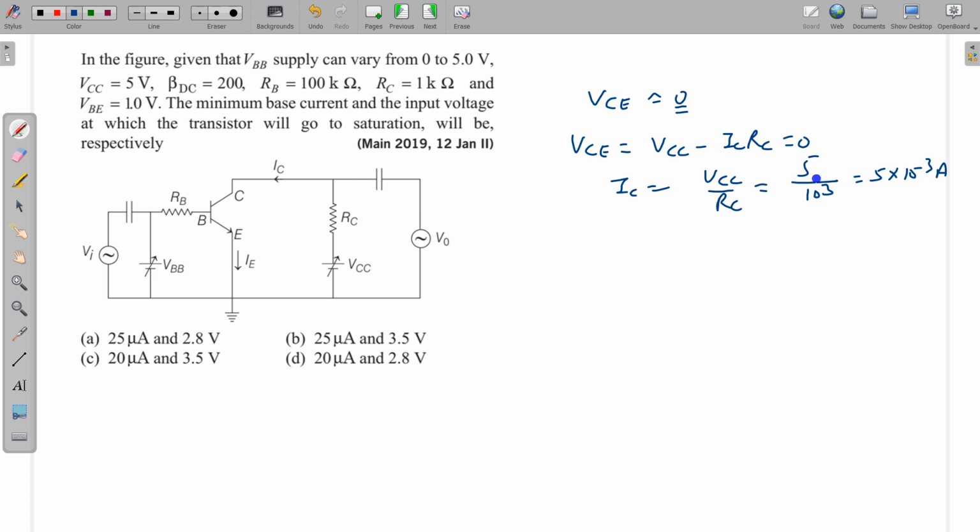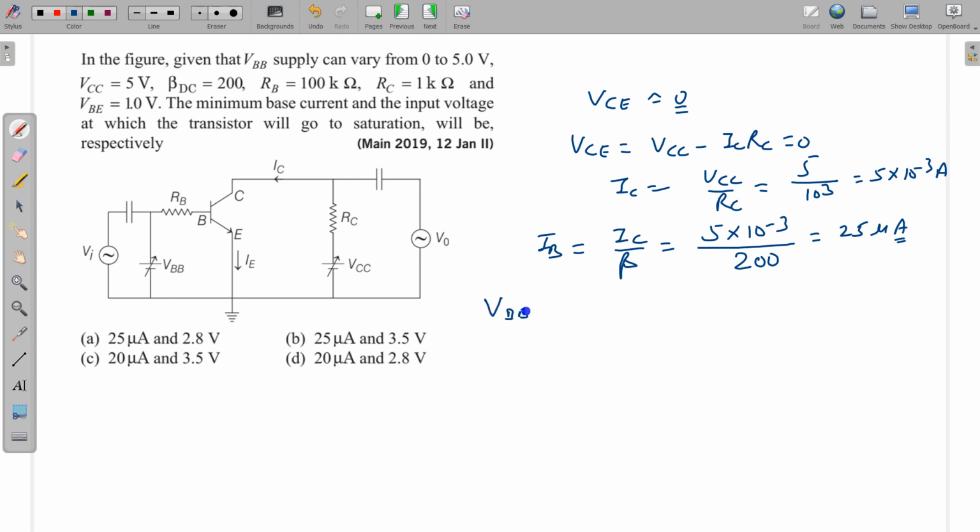So we have calculated IC, and beta is already given, so we can find IB. IB is equal to IC upon beta, 5 into 10 to the power minus 3 divided by beta, which from here is 200, so this is 25 microampere. So this base current is 25 microampere.